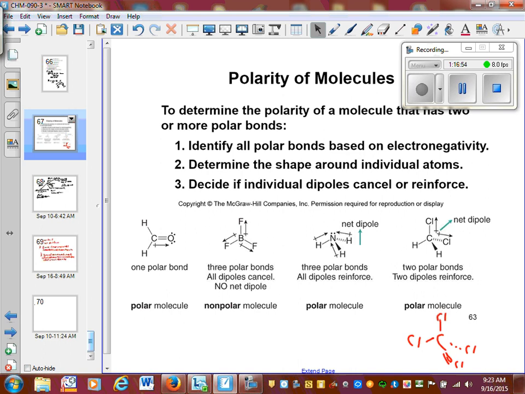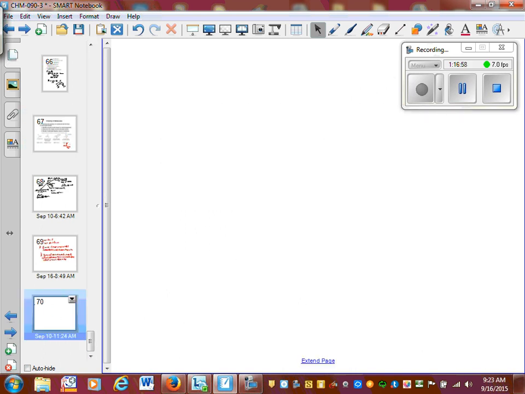Let's do a couple. You can tell me if they're polar or nonpolar. Let's go back to SO2. How many valence electrons? 18. So we have 18 valence electrons.